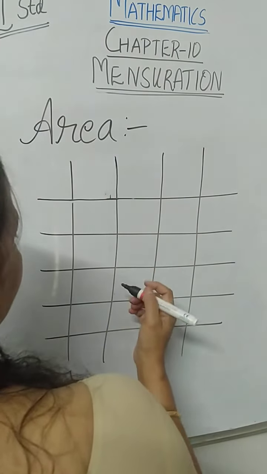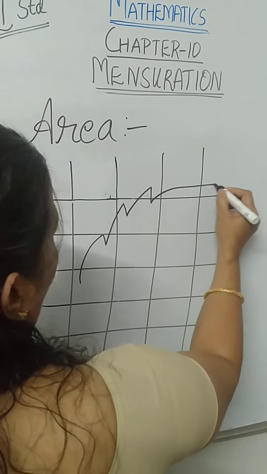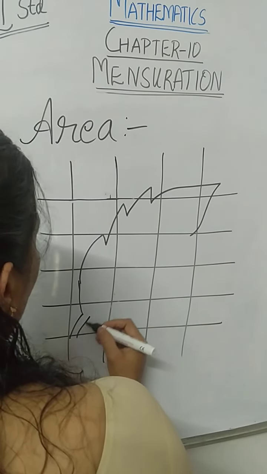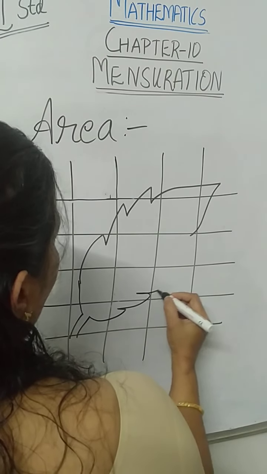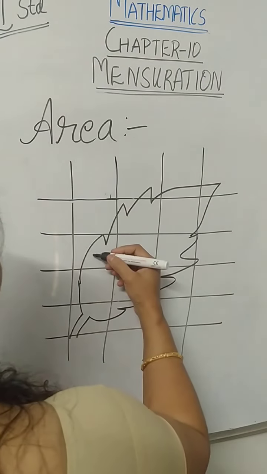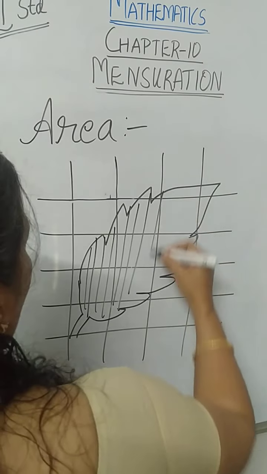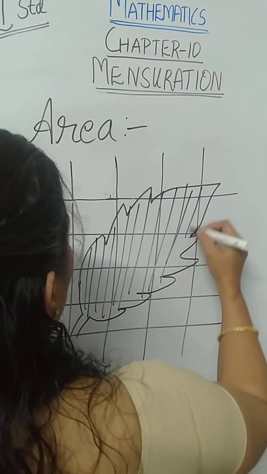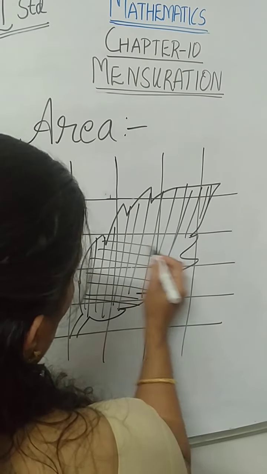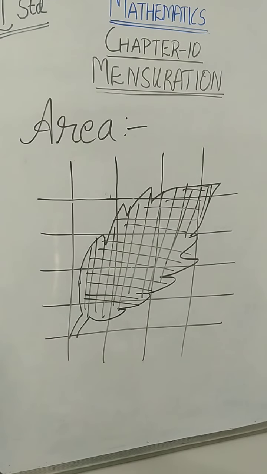Now I'll take a leaf. I want to know the area of this leaf. So this is a leaf. I'll just shade it so that you'll know how it is. If you want to know the area of this leaf, you have drawn it on a graph paper. We want to know the area of this.